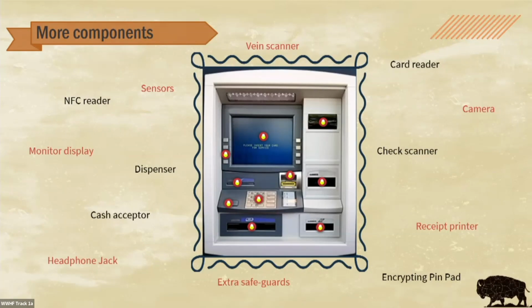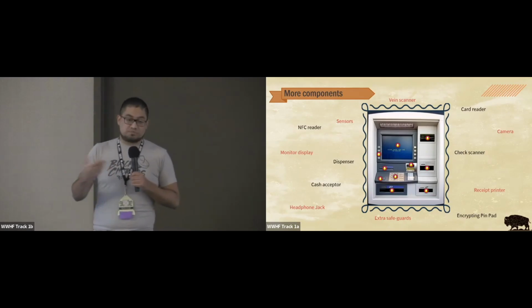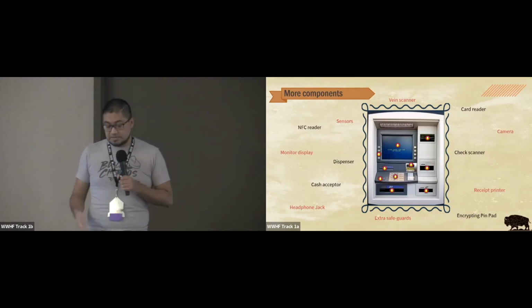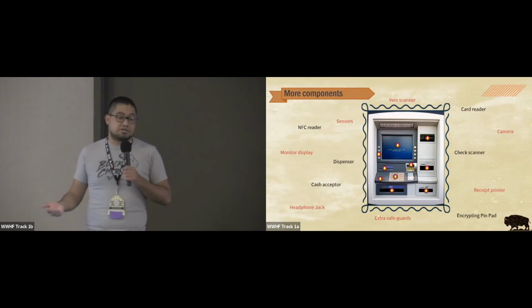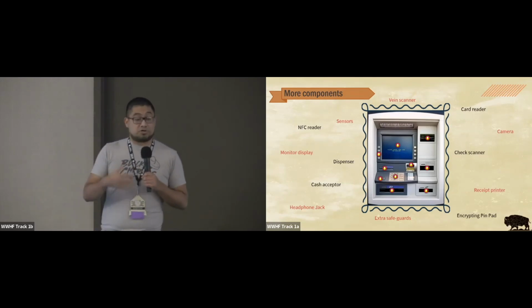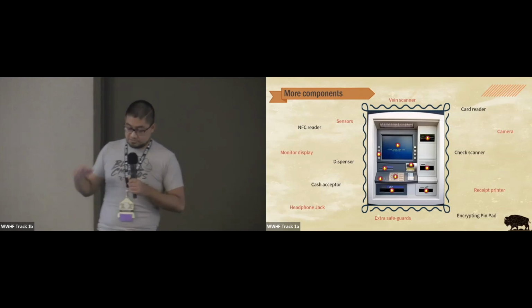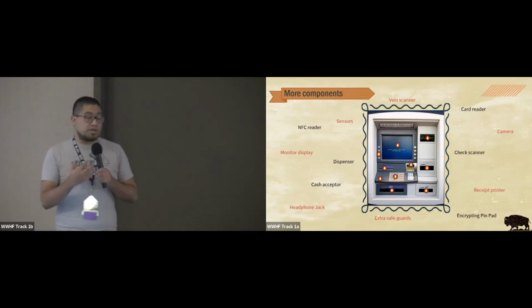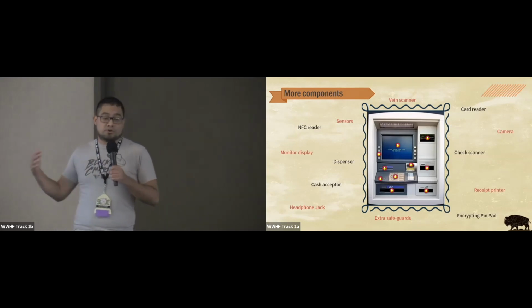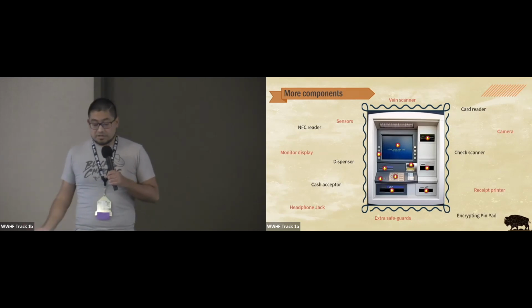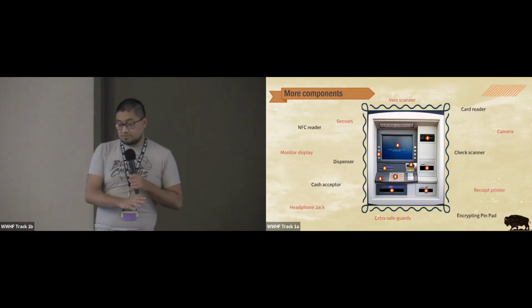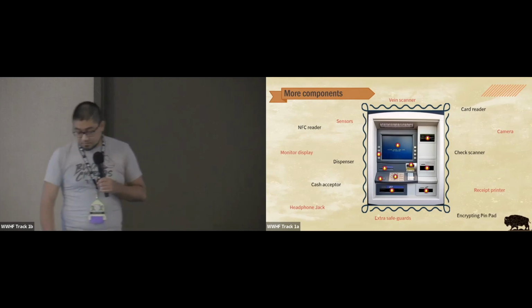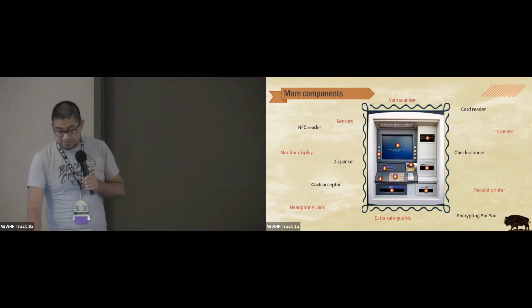If the financial institution, the bank, wants to spend some more money on the ATMs, they put some extra safeguards in hardware or in software. We are going to talk about that also. But we can have a lot more components in the ATMs. The previous ones that I talked about are the main ones, but we can have a lot more.